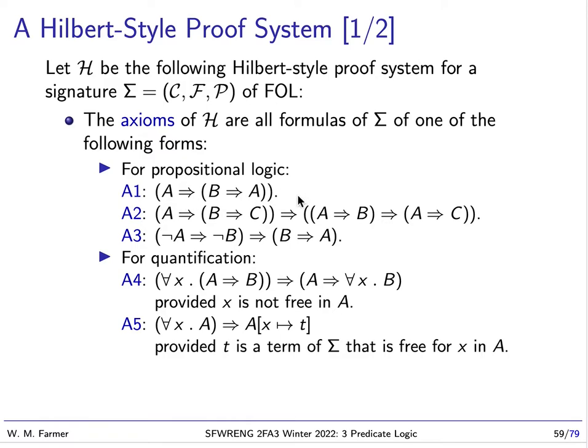Basically, these are what are called axiom schemas, because they are really infinite collections of formulas. So A, B, and C can be any formulas whatsoever. And we have two of these for quantification. We have one in which you can push universal quantification past or into the second part of an implication if x is not free in A. And we have another one which is called universal instantiation.